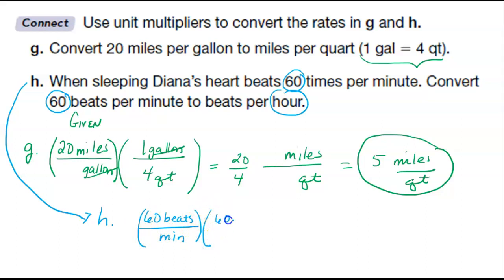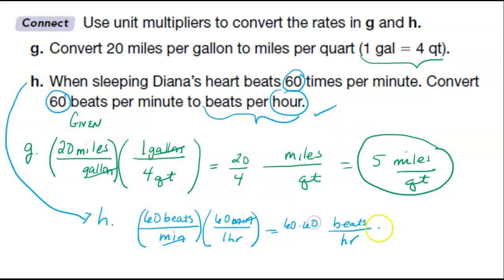So I know that there are 60 minutes in 1 hour. And this is going to give me minutes over minutes cancels. This is going to give me beats per hour, which is what I want right here. So I have 60 times 60, which is 3,600 beats per hour.